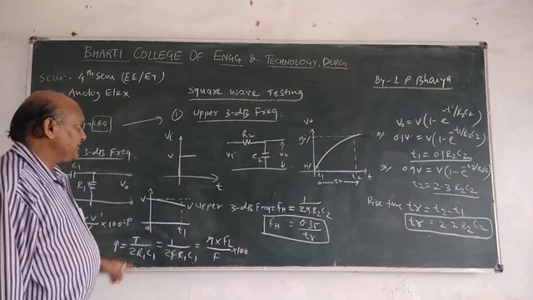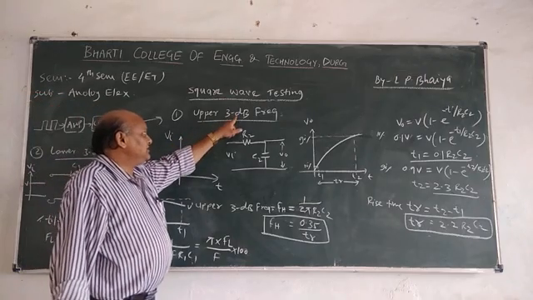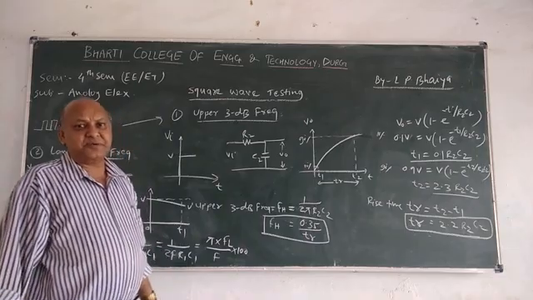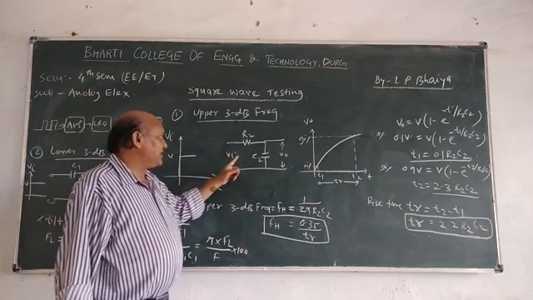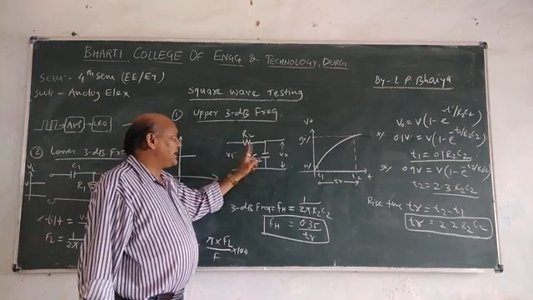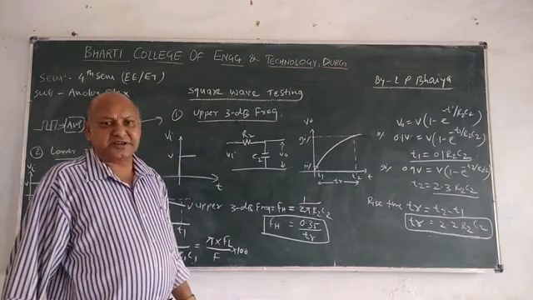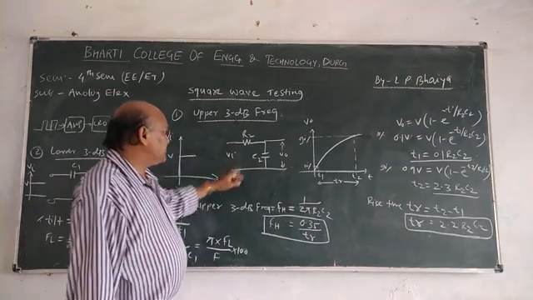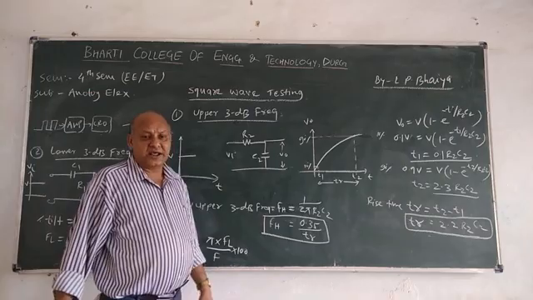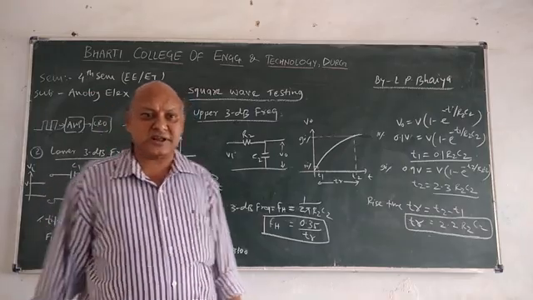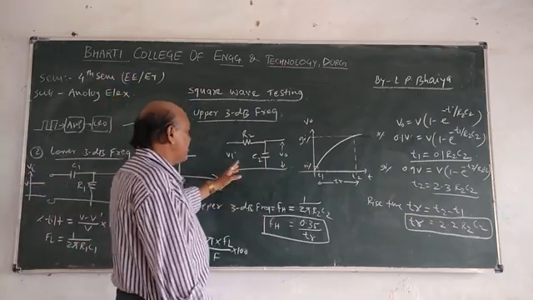So what is happening? While calculating the upper 3 dB frequency, the amplifier will work as a higher frequency circuit, that is, this filter circuit, supposed to be R2 and C2, like this. So this filter circuit will work. This is called a low pass filter.